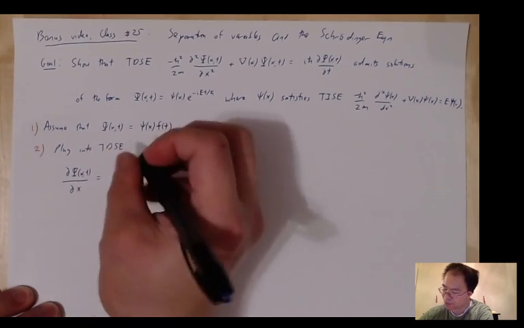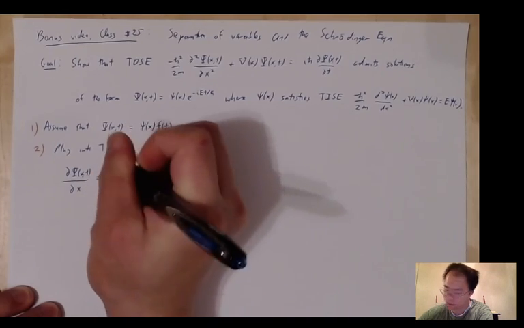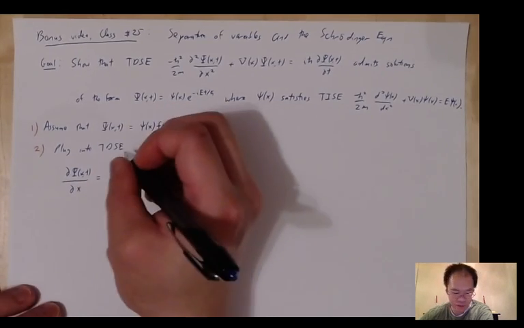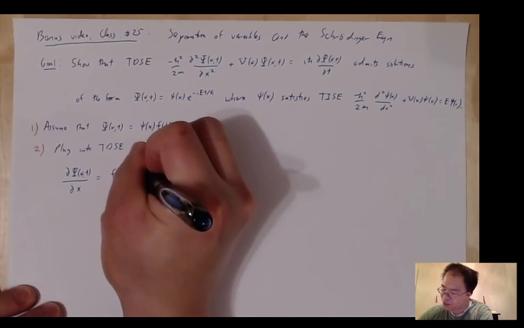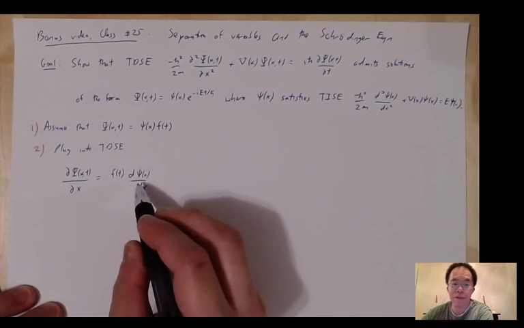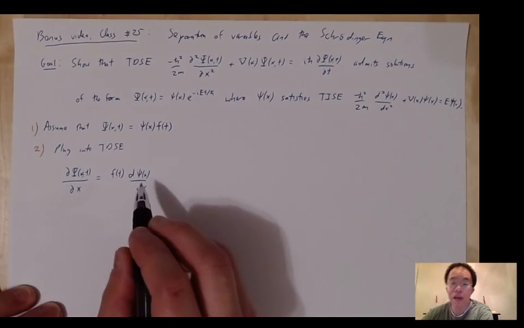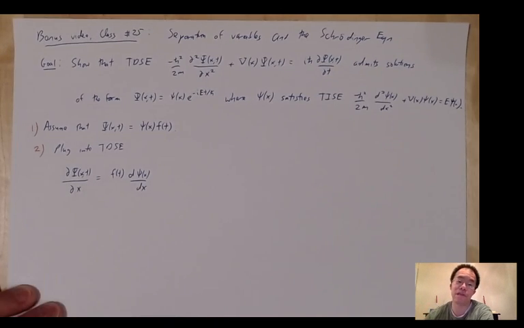So I can write this as the product f(t), which is a constant with regard to position, times d psi(x) dx, and I'm able to write this as a plain d and not a partial derivative because psi only depends on x.